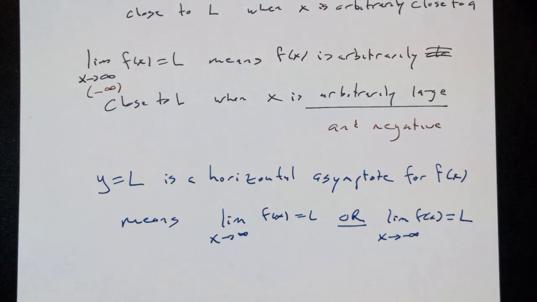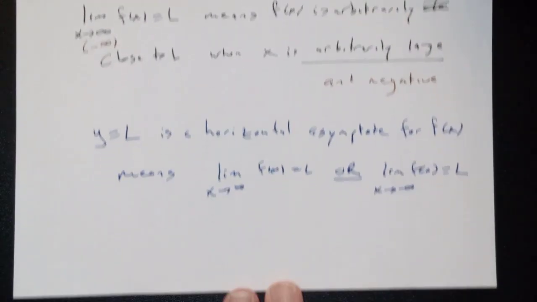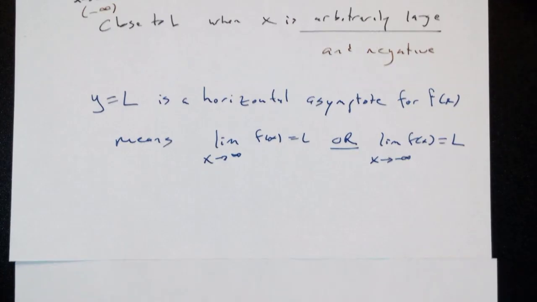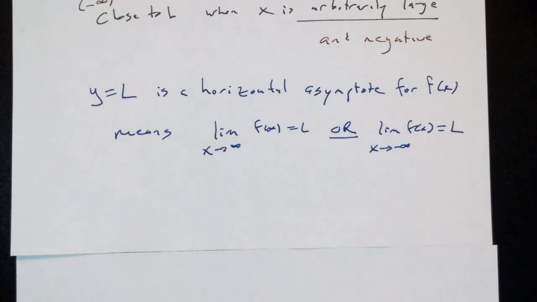we'll call it a horizontal asymptote, as opposed to the vertical asymptote we were just dealing with. But please notice, a horizontal asymptote means at least one of the limits, either to the right or to the left, is L. The function we were dealing with, 1 over x minus 2, it was on both sides.